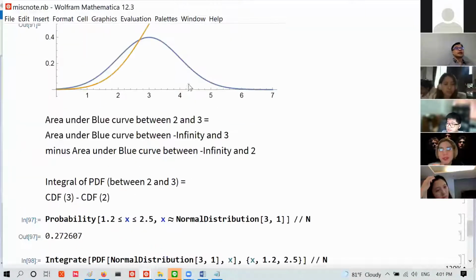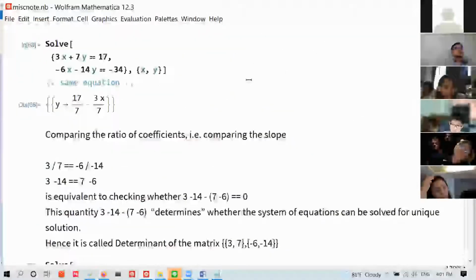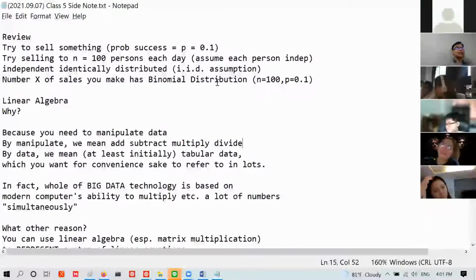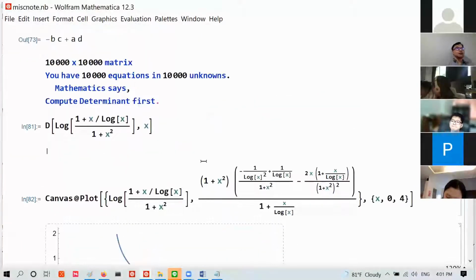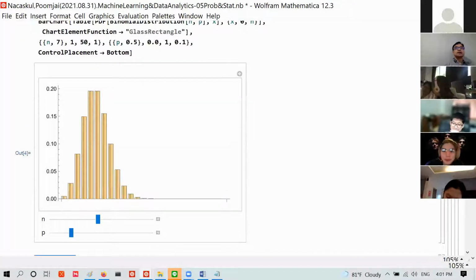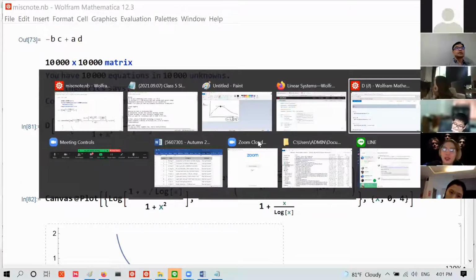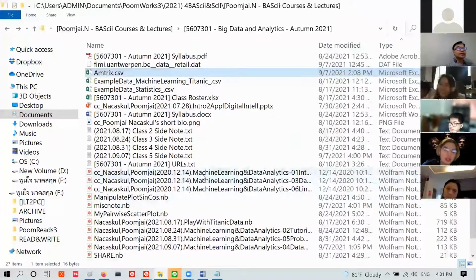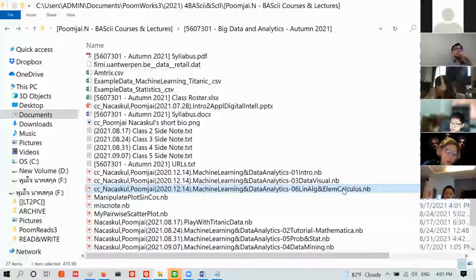But throw it away. But the key note you need is this one here: linear algebra and elementary calculus.